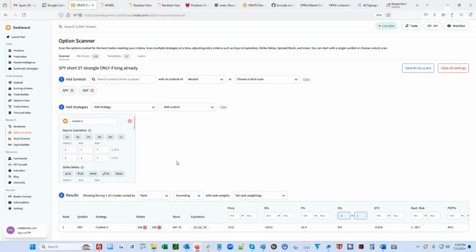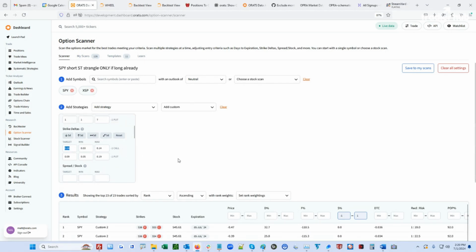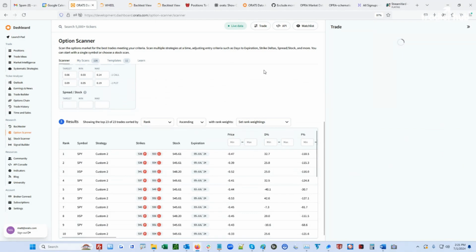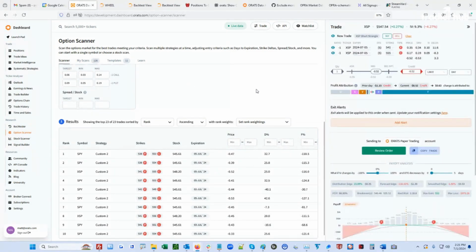Everyone knows that this is not usually done alone, but we want to put on a trade, so here's a July 5th trade that we could put on for the people in our paper trading account, Tyler.